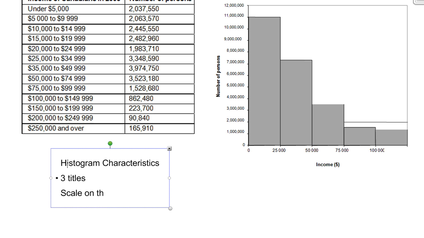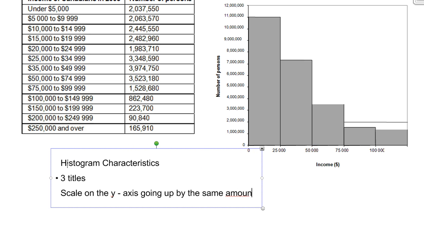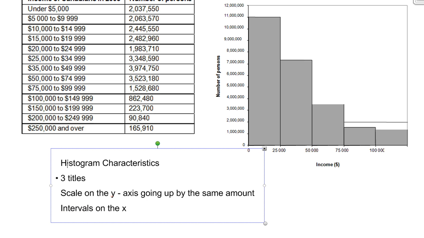Scale on the vertical axis, the y-axis, going up by the same amount. Intervals on the x-axis are identical.